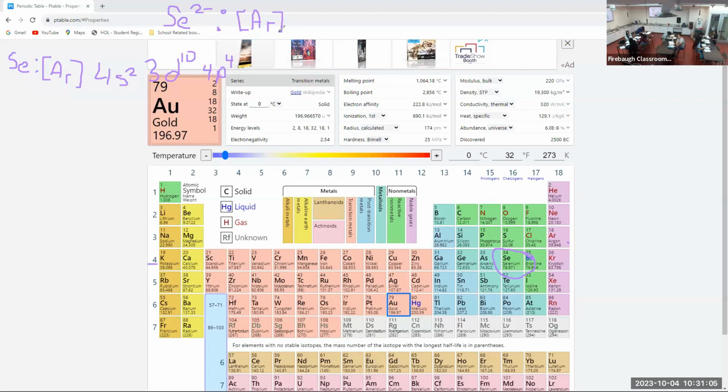So you're adding electrons, so then you should have 4s2, because you can only have 2 in the s, 3d10.